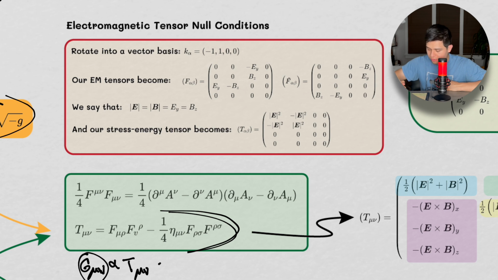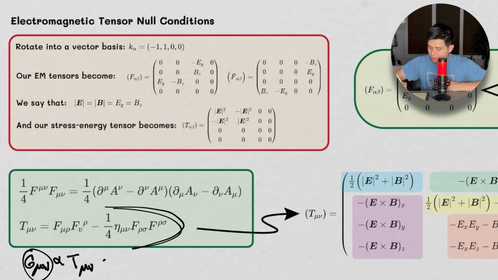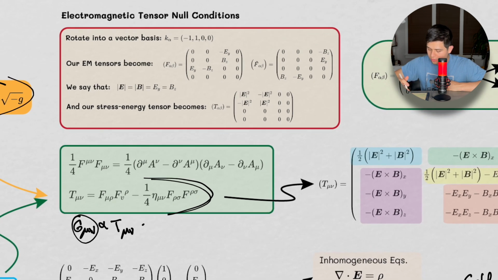And when we did that, we found that our EM tensors, F mu nu and F bar mu nu, in this case I just labeled alpha beta, look like this. So we have our y components and our bz components. We have bz and ey components. If we set the ey components equal to the bz components, then our stress energy tensor becomes this.